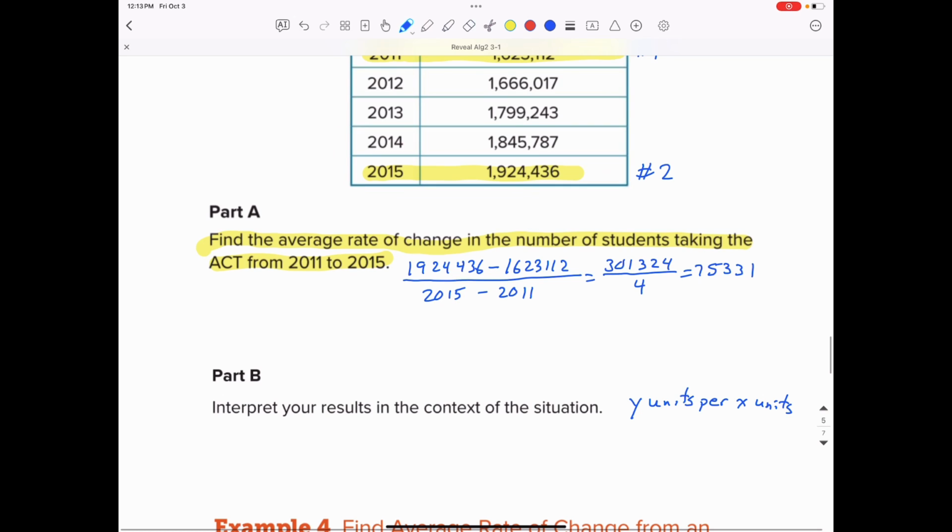So to interpret this, there was an increase of 75,331. Since it's a positive number, it's an increase of that many students. That's the label, the number of students. So that's the y units, y units per x units, and the x units was in years. So y units per year is how I should interpret that.